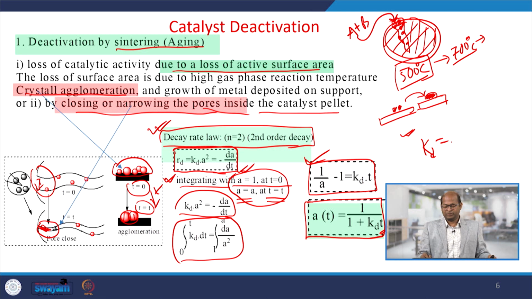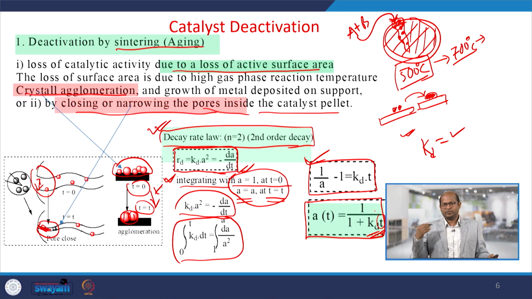If we know this value and put it into this equation, we can find the activity at any time. Let us say for a time span of 0 to 60 minutes, if you want to know the catalytic activity at different times, we just put in particular times, maybe 30 minutes or 45 minutes, and easily find the activity for a particular deactivation process.